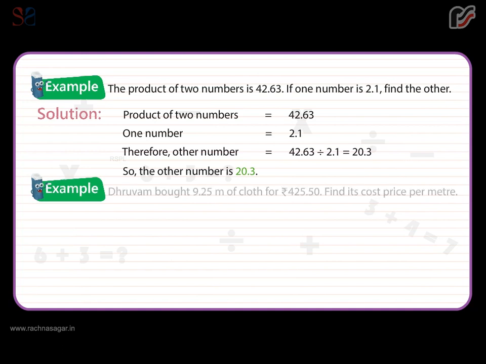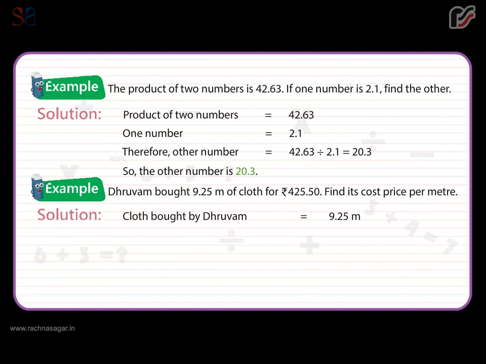Example. Dhruvam bought 9.25 meters of cloth for rupees 425.50. Find its cost price per meter. Solution. Cloth bought by Dhruvam is equal to 9.25 meters.